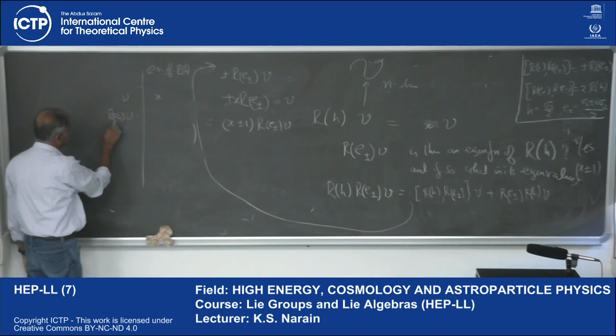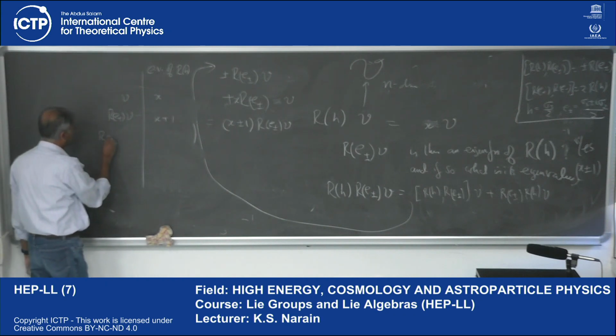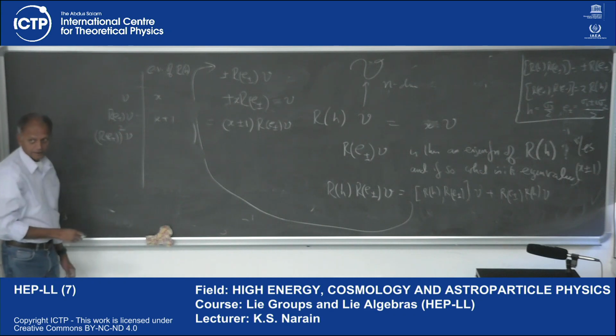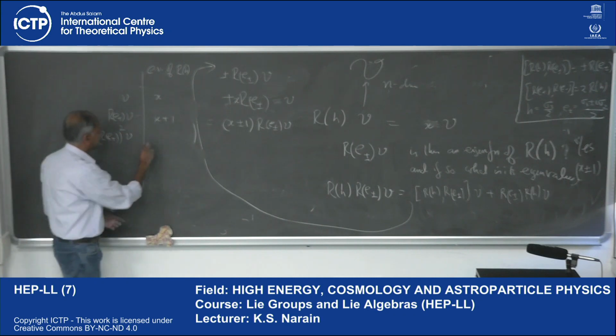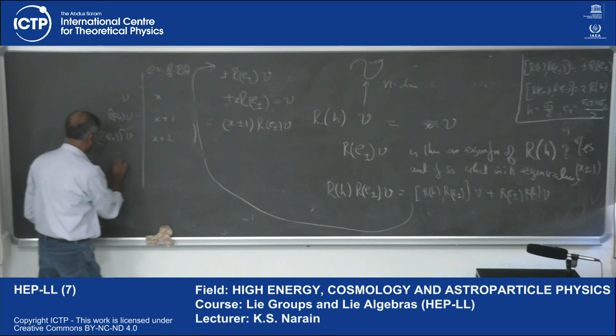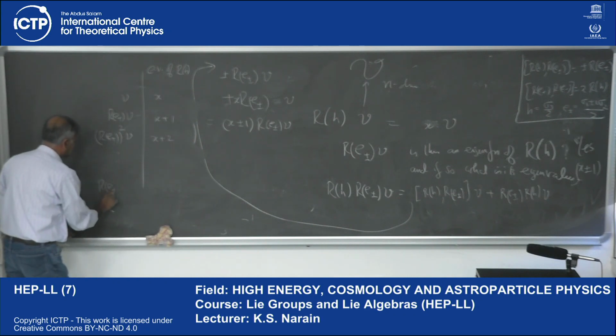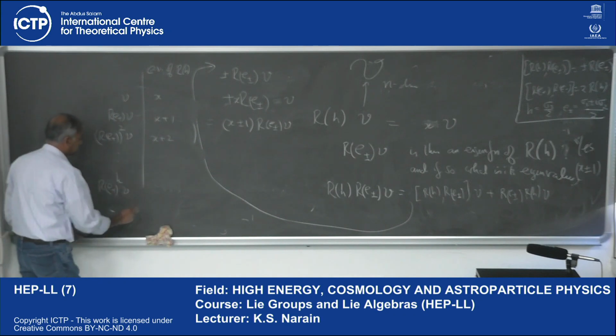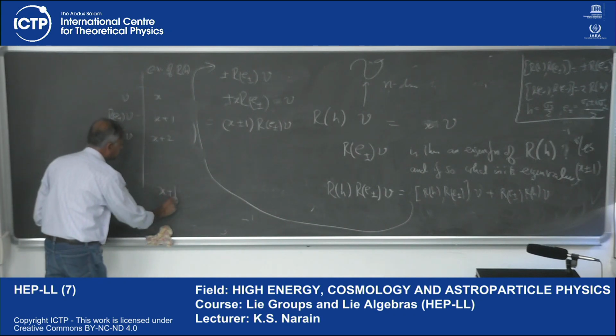Now let's apply once more on this. So this is x plus 1 once more. So RE plus squared acting on it is again going to be x plus 2. And so on. RE plus to the k acting on B will have eigenvalue x plus k.